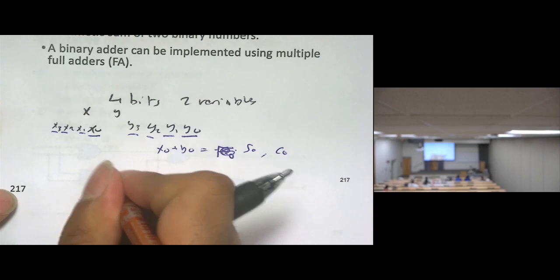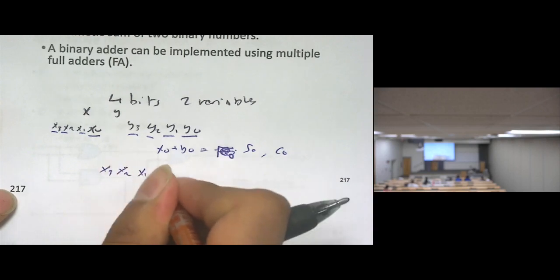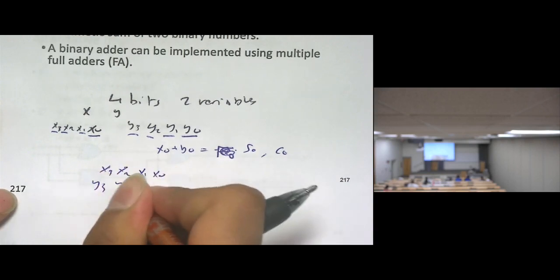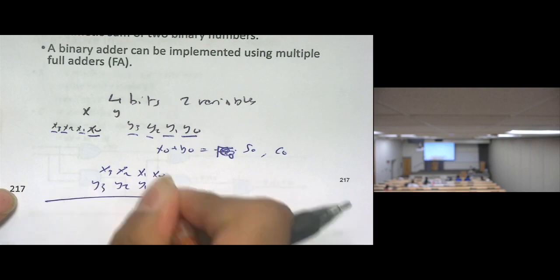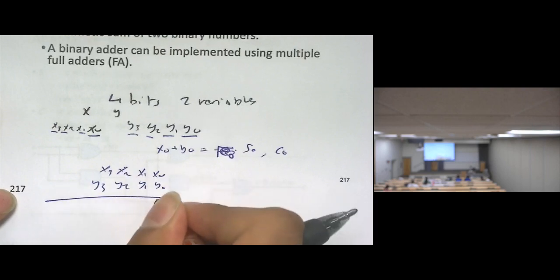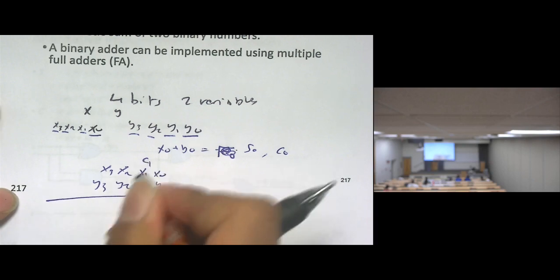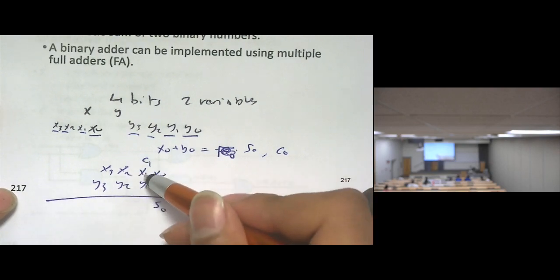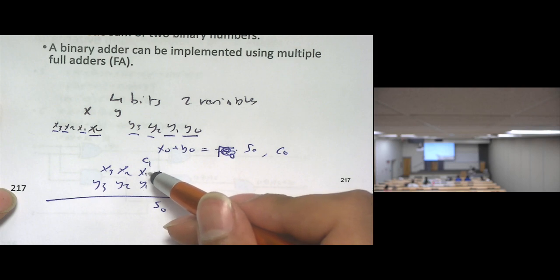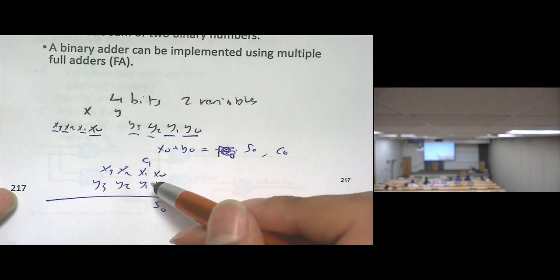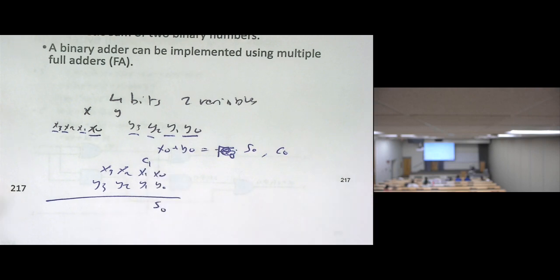So x3, x2, x1, x0, y3, y2, y1, y0. We add those and I will get sum and carry, right? How about the next bits? x1 plus y1, but I need to use a carry, right? So the half adder is not a good option, because the half adder can work with only 2 bits.